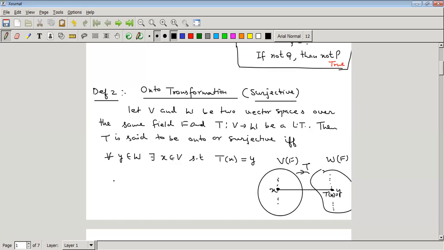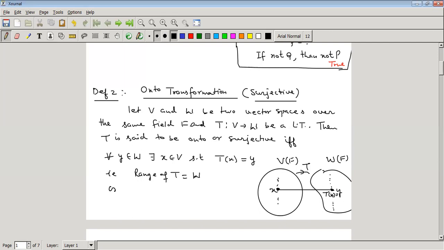So if T is onto, we can also say that range of T is equal to W. Each and every element of W is associated to an element of the domain.